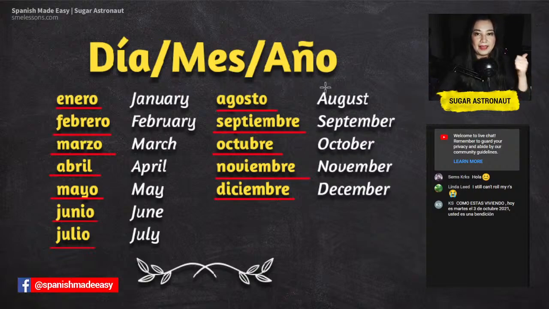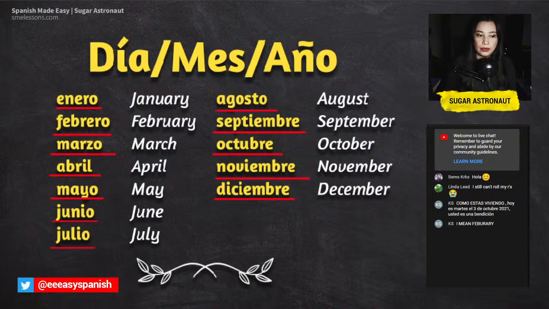Okay, so enero, febrero, marzo, abril, mayo, junio, julio, agosto, septiembre, octubre, noviembre, diciembre. Okay, so those are the months, the 12 months that we need to know. Excellent.